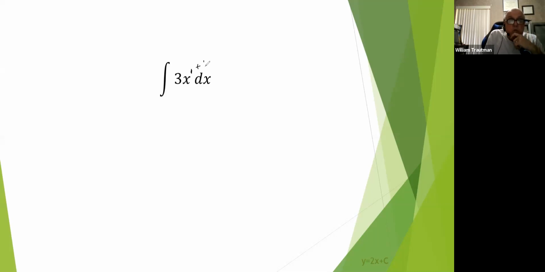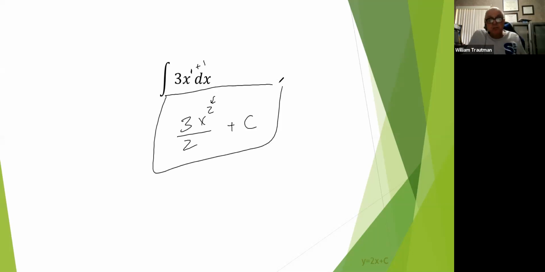Step 1 is add 1, so I have 3x squared. Step 2 is take this power and put it in the denominator. And there is a step 3, add c to it. There's the integration.